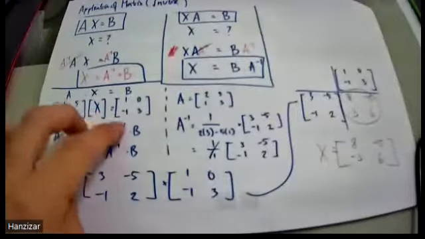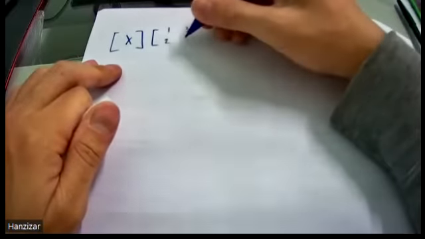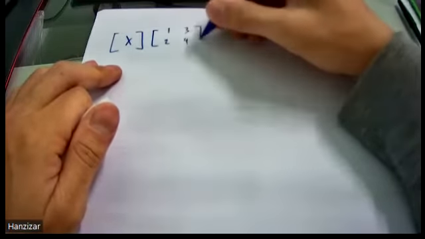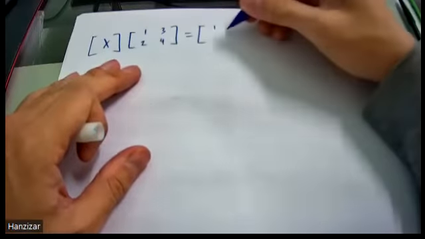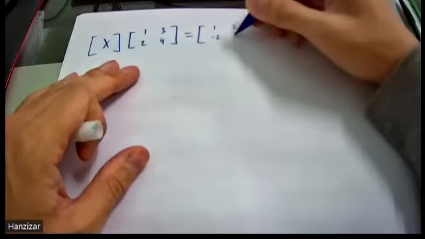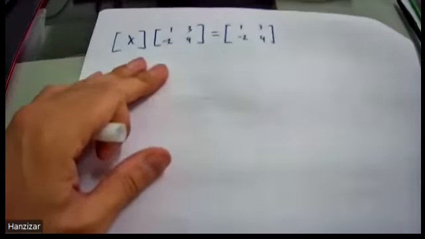Yeah, it's quite simple. Now let's, without looking at these rules, try to have more practice. X times A, okay, this is the way I do it.